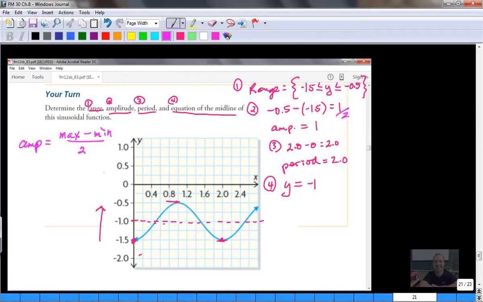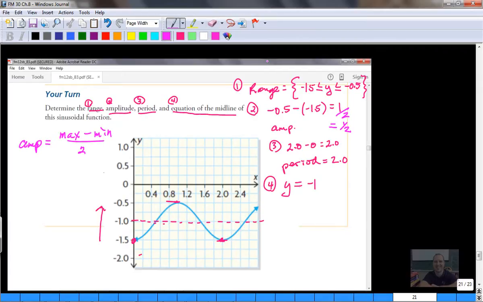Oh yeah, I didn't divide by 2 yet. There we go. Divide by 2, thank you. Amplitude is the max minus min divided by 2. Okay, so amplitude there is 1/2. Right there. Max minus min divided by 2, 1/2. This is only 1/2 here. These two squares are only 1/2.